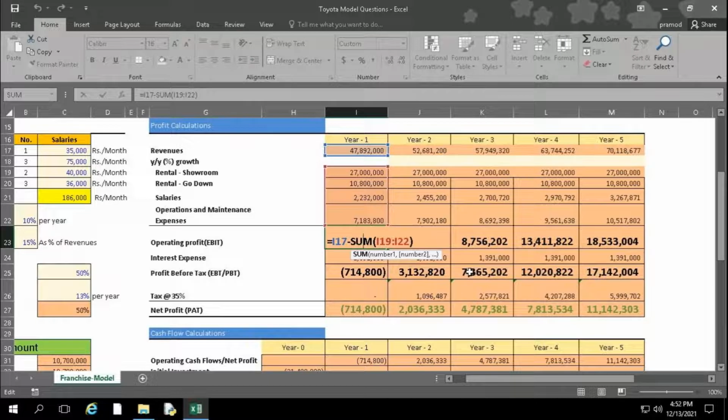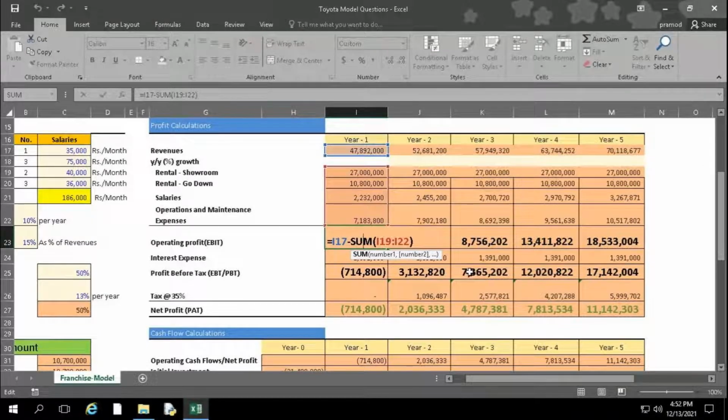Yes, sir, J17 minus sum from the top, I19 to I22. Still you are not getting? Yes, I'm getting different values, sir.